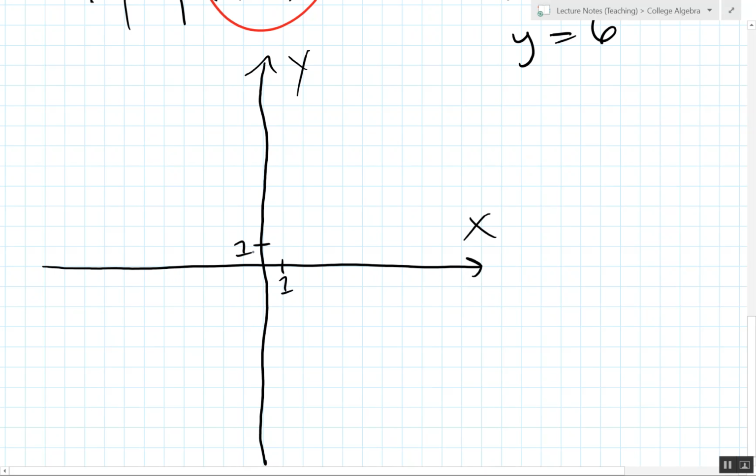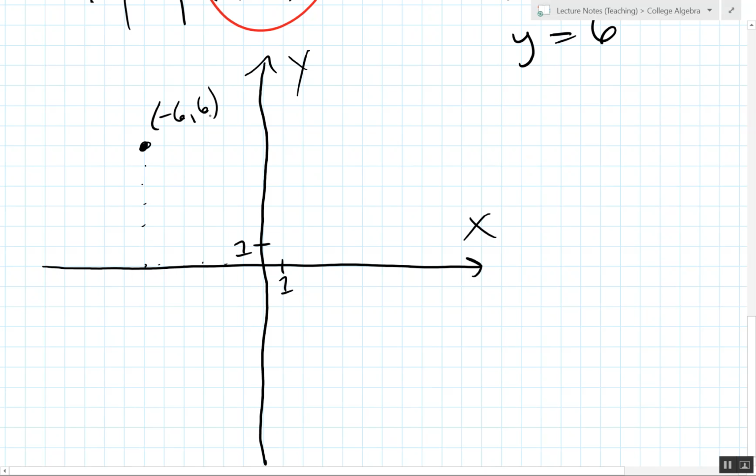There. So let's plot our points. We're going to go to negative 6, 6. So we have to go 6 back, 1, 2, 3, 4, 5, 6, and then up 6, 1, 2, 3, 4, 5, 6. And so here is our point, negative 6, 6.